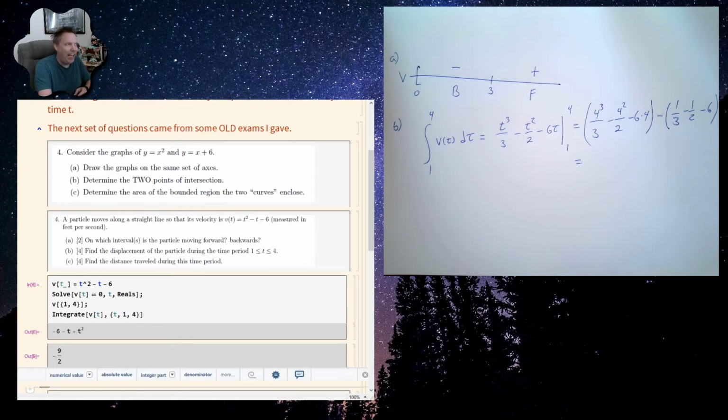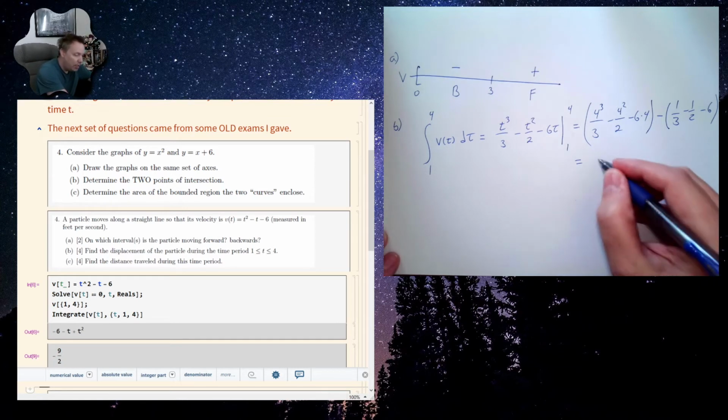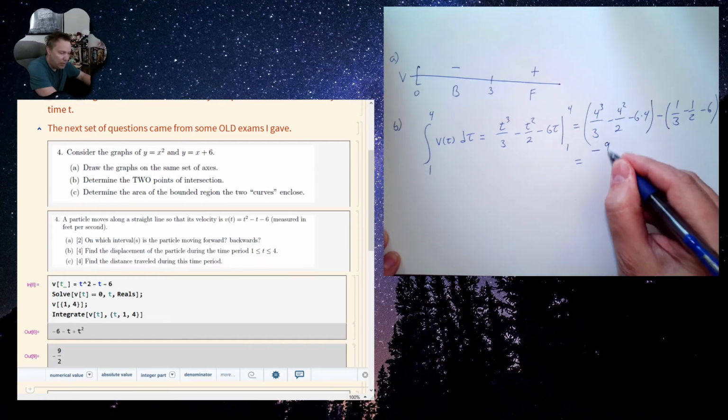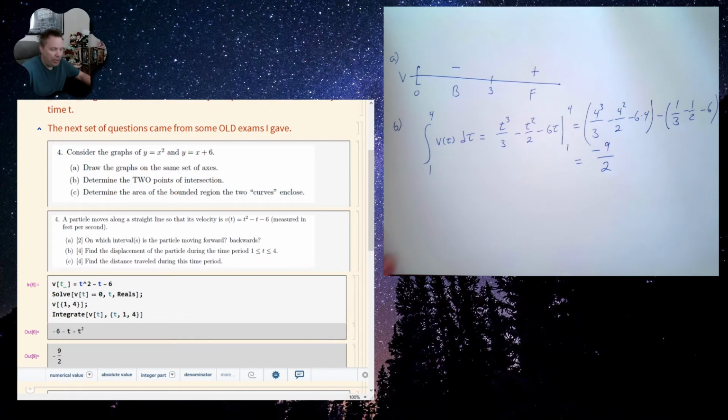And I get negative 9/2. So that's my displacement. What does that mean? Well, it means that between 1 and 4 seconds, this particle has moved backwards a total of 4.5 feet. And that's my 9/2. I didn't say that was the total distance traveled. That's actually question C.